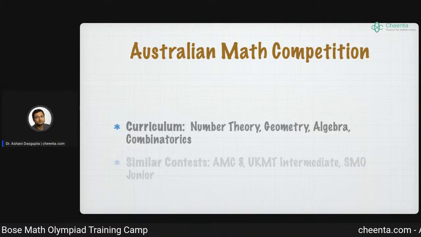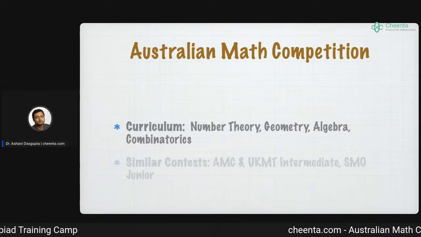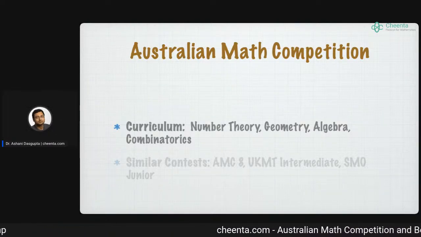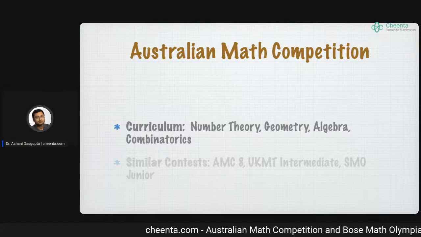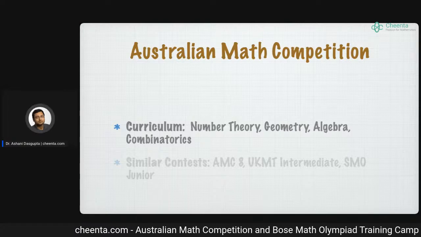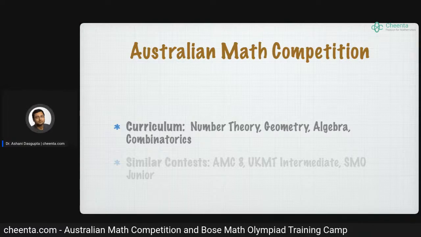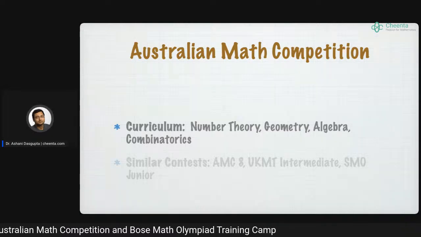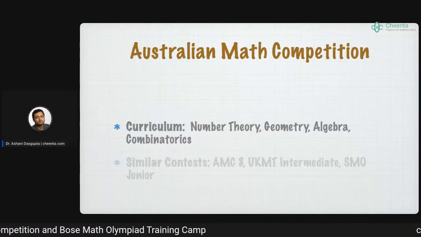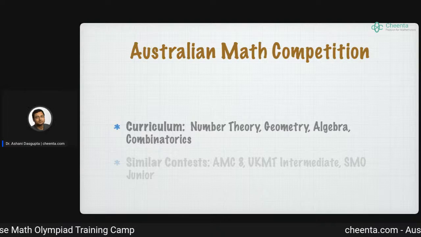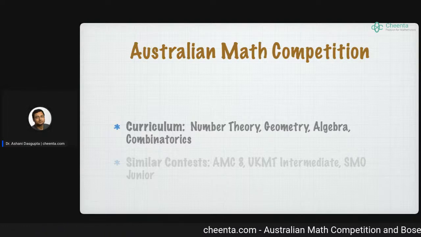Now, about the curriculum of the Australian math competition, it's very similar to the curriculum of AMC 8 or UKMT intermediate. This is the intermediate level, and a couple of levels are there in it. So it's number theory, geometry, algebra, combinatorics. It's the same story over and over again.